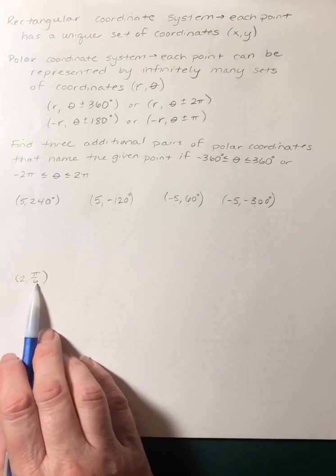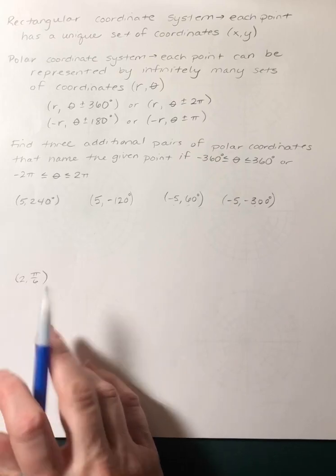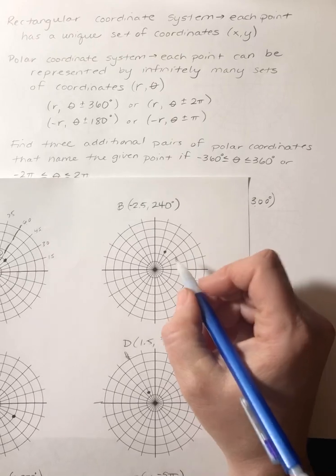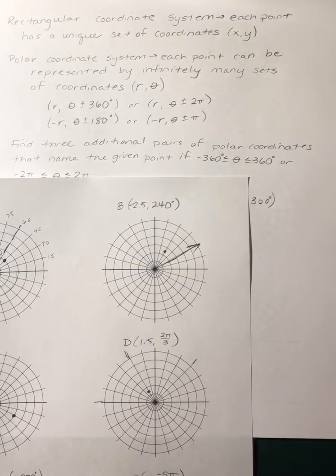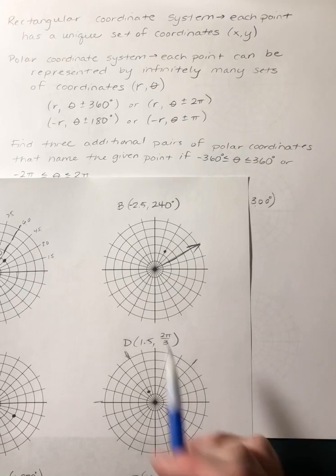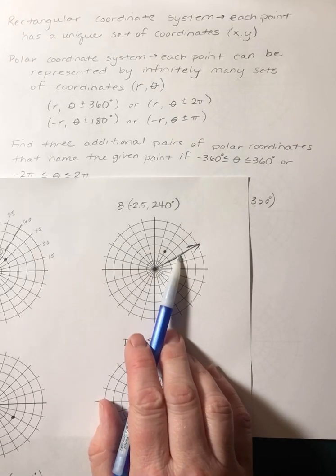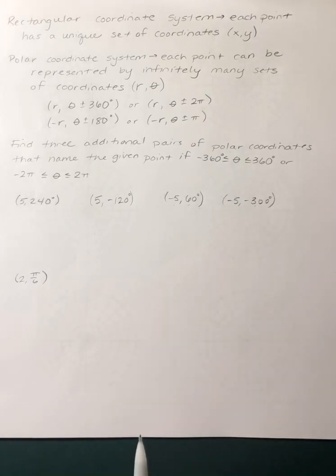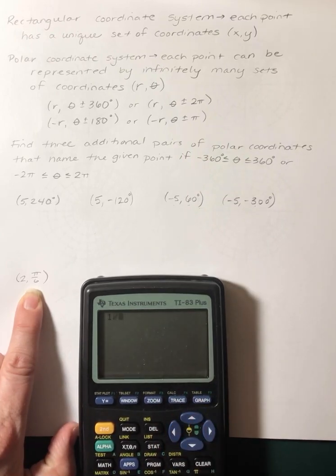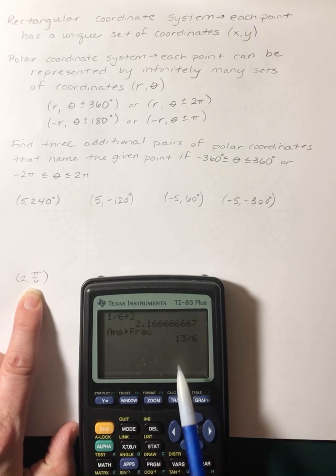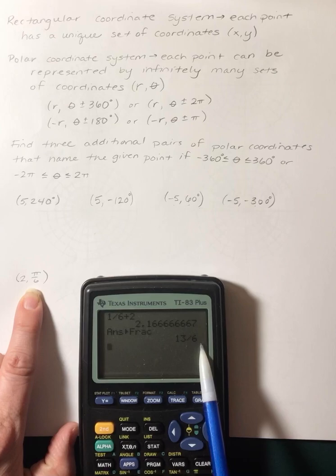So now (2, pi sixth). Pi sixth is right here. Because it's in radians, we're going to keep everything in radians. If you're not good with fractions, ignore the pi, and take 1/6 plus 2. So this is the same as 13 pi sixths.